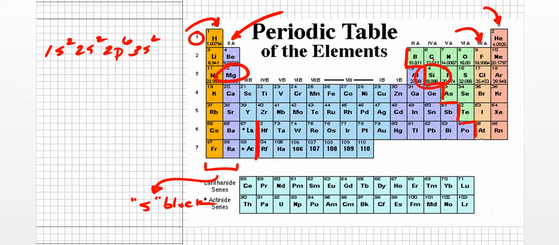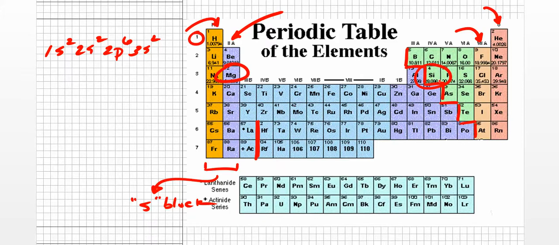What might we choose? Well, we might choose anything in this column right here: carbon, germanium, tin, or lead. These are most likely to have the same physical and chemical characteristics as silicon.